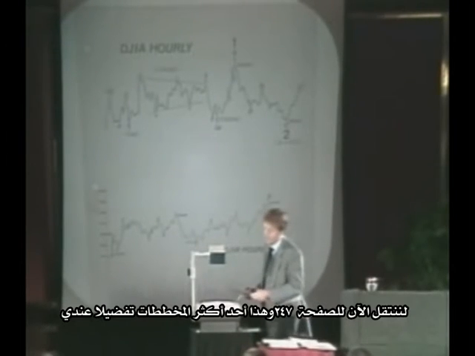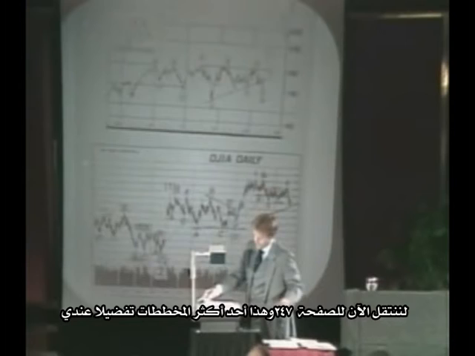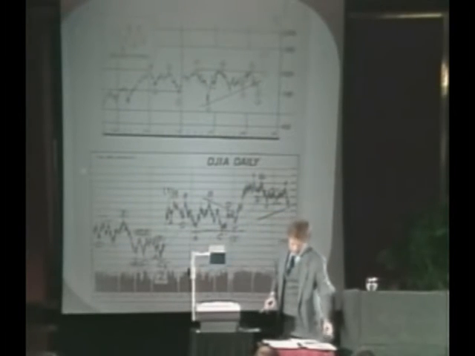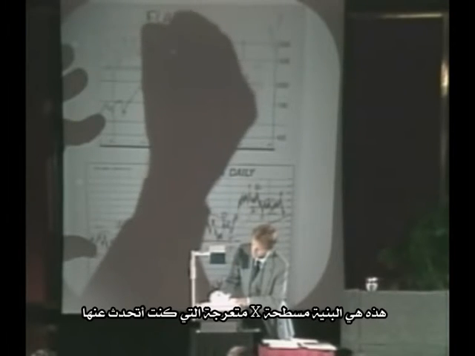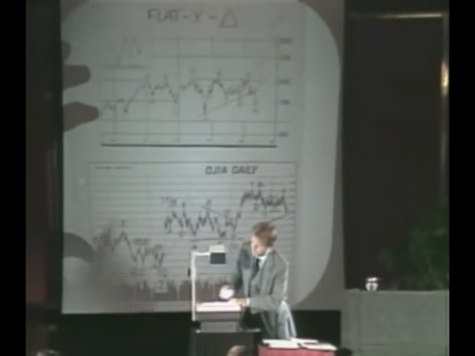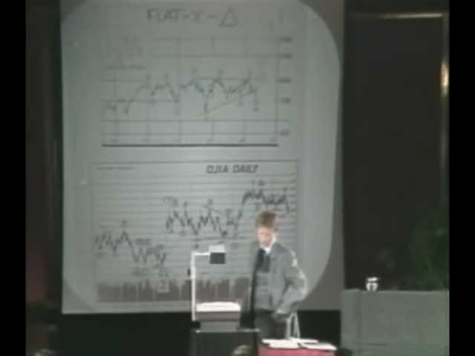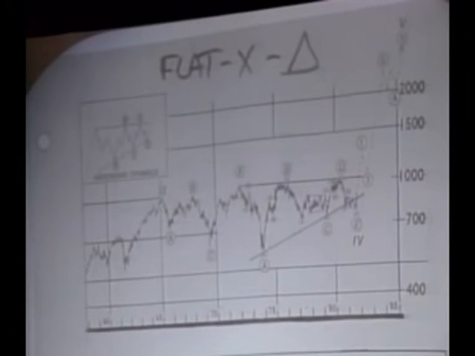Let's move to page 247. That's one of my favorite charts. Here's that flat X triangle I was talking about. Now, the chart at the top of the page was first postulated by Bob Prechter in early September 1982.